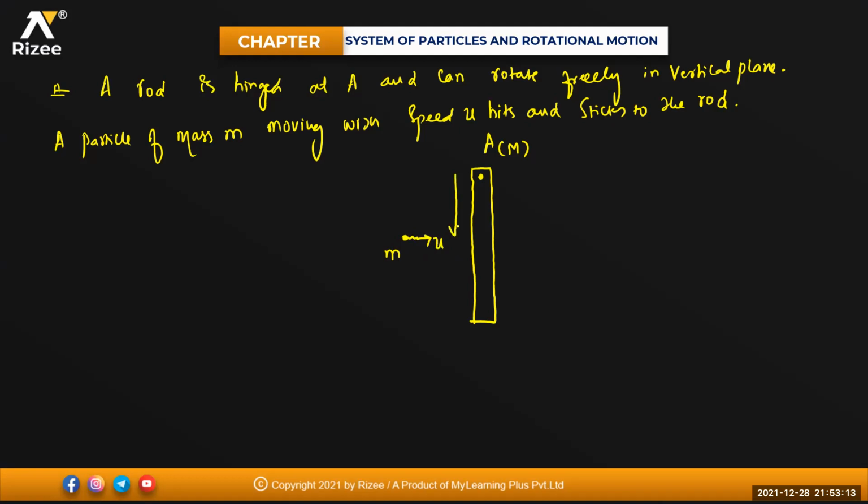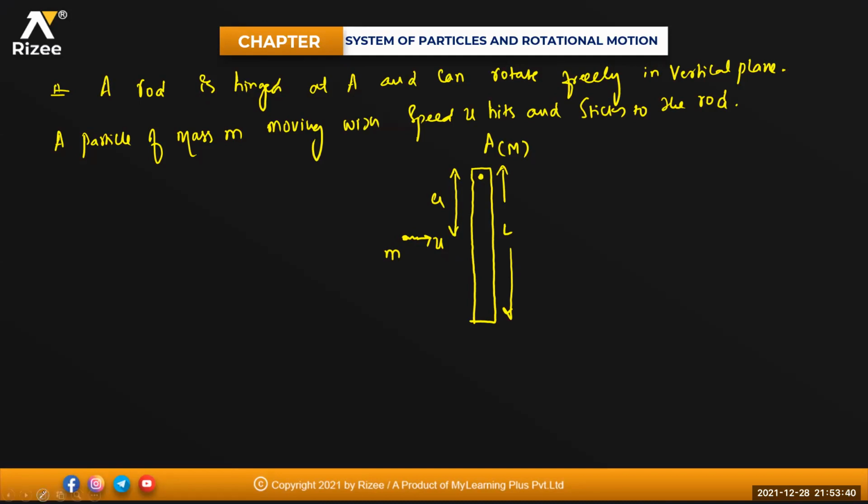And the distance at which it is hitting is at a point from A, the length of this one being, say for example, L. So the rod is hinged at point A, and it can rotate freely in the vertical plane, beta. A particle of mass m moving with speed u hits it and sticks to it. After the collision, we cannot conserve the linear momentum. Only conservation of angular momentum can be applied at the point of the hinge, beta.